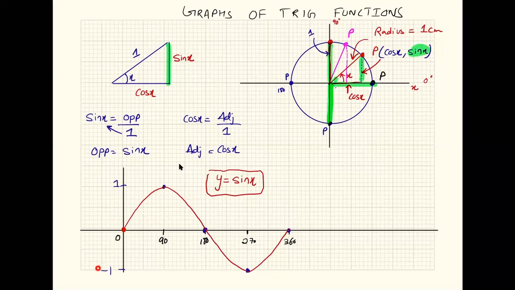You will have sine and cosine values for negative angles as well. So the graphs are known to be periodic functions.